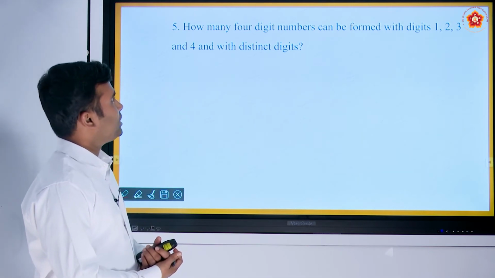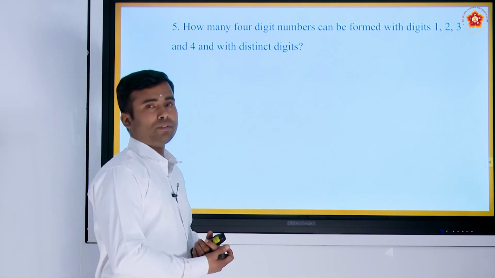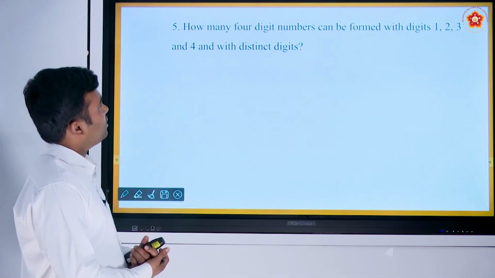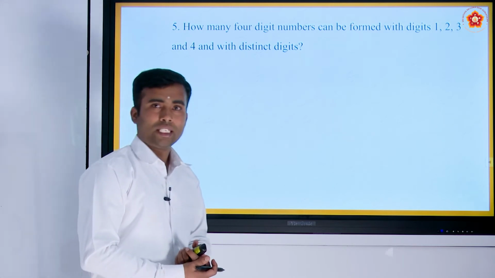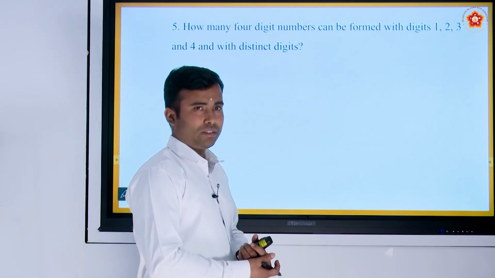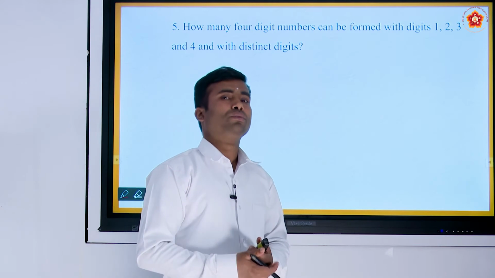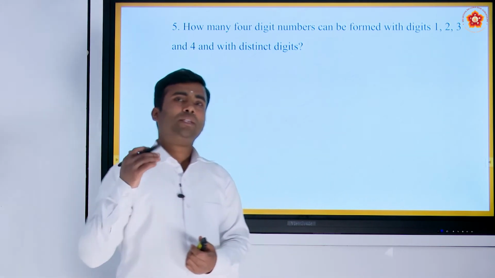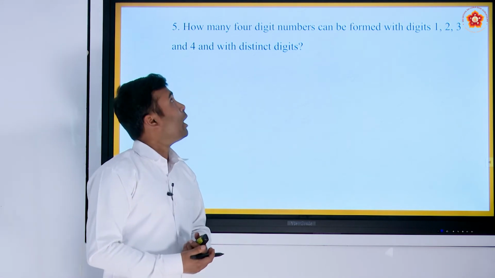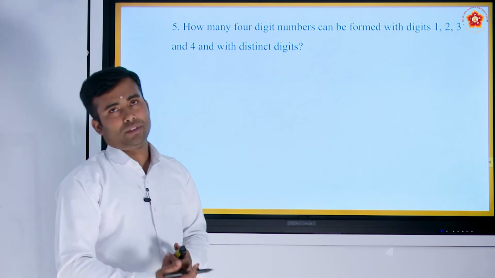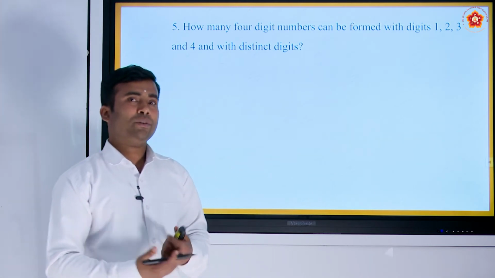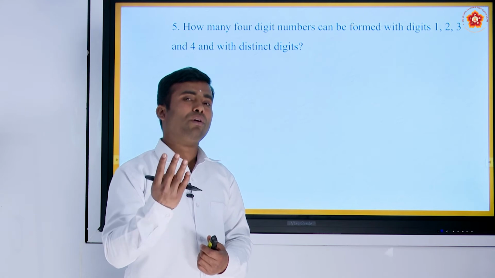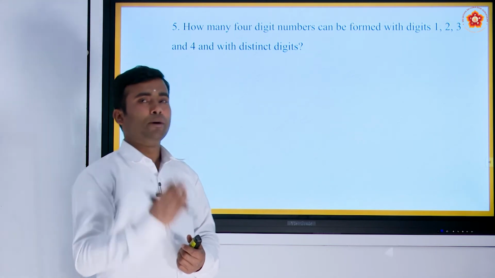How many 4-digit numbers can be formed with the digits 1, 2, 3 and 4 and with distinct digits? Distinct digits means you are not supposed to repeat the digits. So, the repetition is not allowed here to make 4-digit numbers, understand? If repetition is allowed, there will be 4 vacant places because we need to form a 4-digit number.